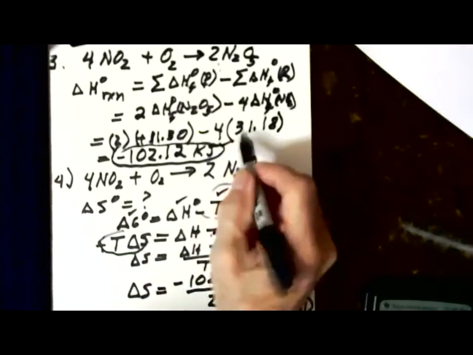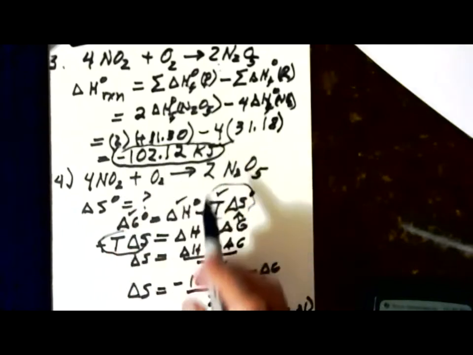Yeah, that is correct. Delta H, it was plus the value of delta H. That's right. The value of delta H was minus 102.1 minus delta G, which is a plus 24.96. That looks right.